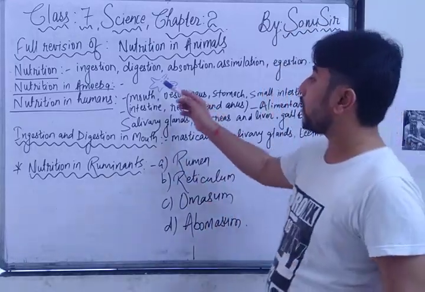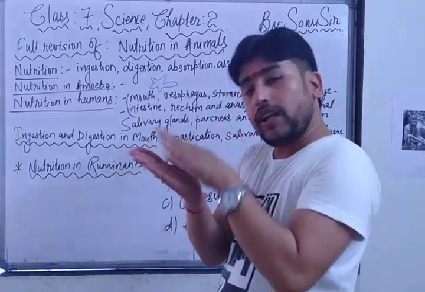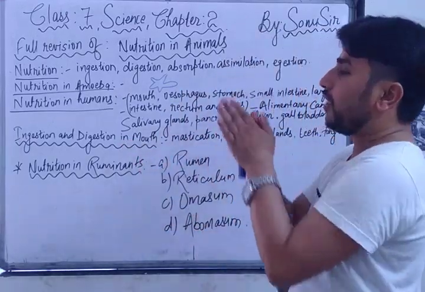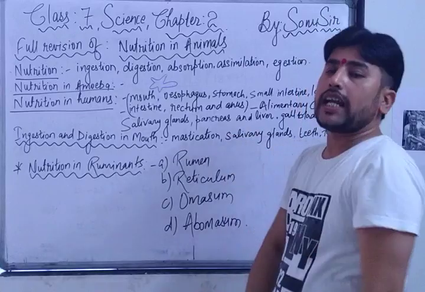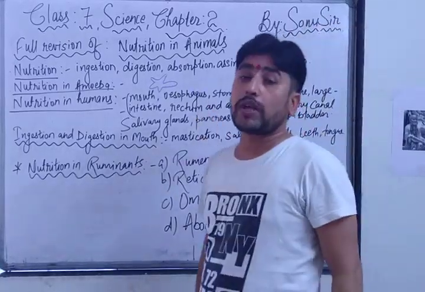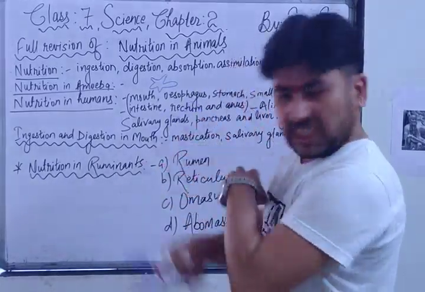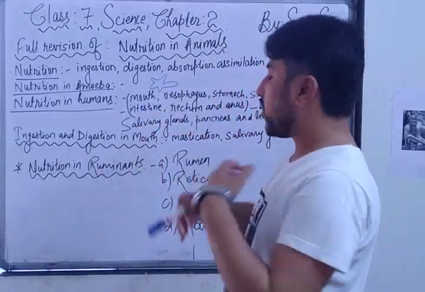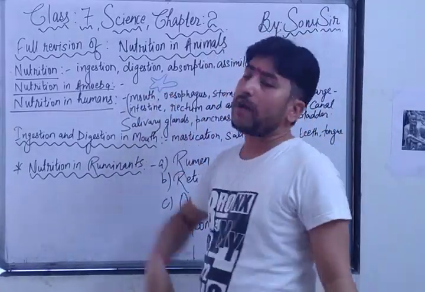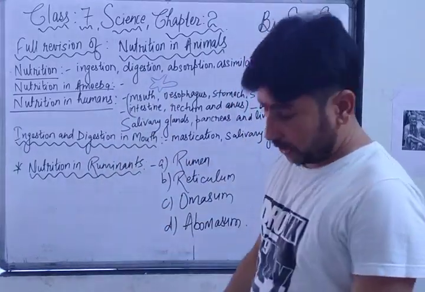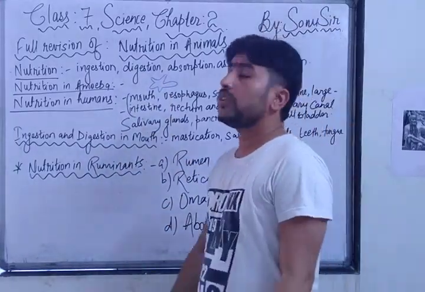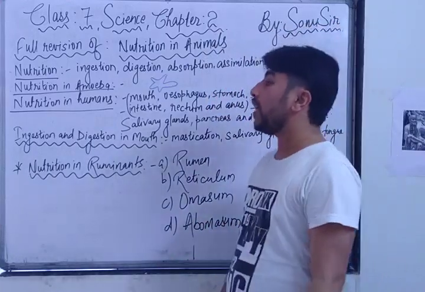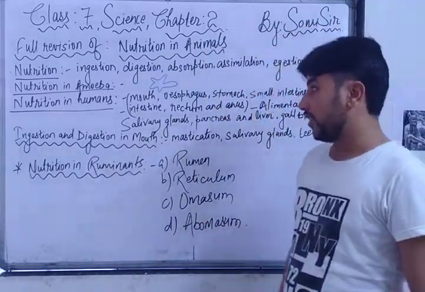With the help of pseudopodia, it engulfs the food and takes it inside the body. After taking the nutrition from that insect, it throws the waste back out with the same pseudopodia. So this was the nutrition in amoeba, how a unicellular organism takes nutrition.